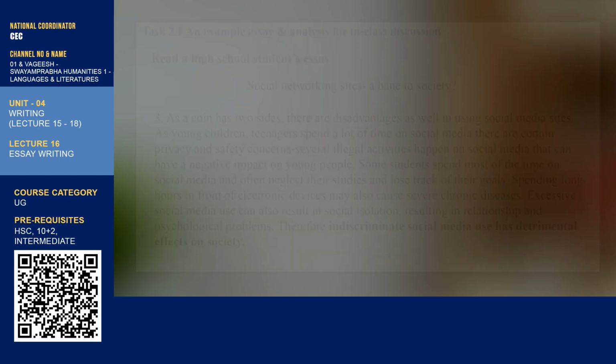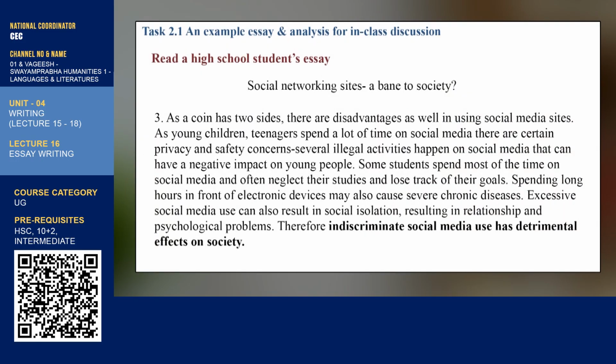Then the writer moves to the disadvantages and talks about how it affects teenagers, the privacy and safety concerns, the illegal things that happen sometimes on social networking sites, the cybercrime, talks about social isolation, physical and psychological problems.